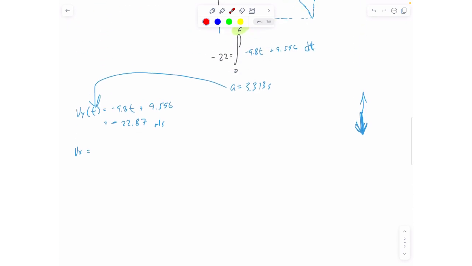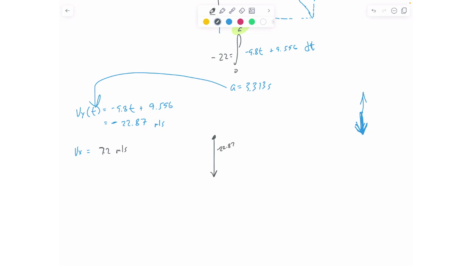So the velocity in x is 7.2 meters per second, right? Because it never changes. So what you can do then, if you want to find the overall velocity, is you just put these two things together. The velocity in y is going down at negative 22.87.